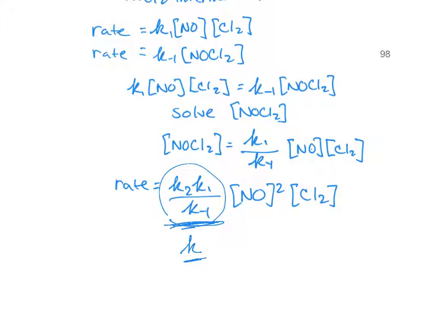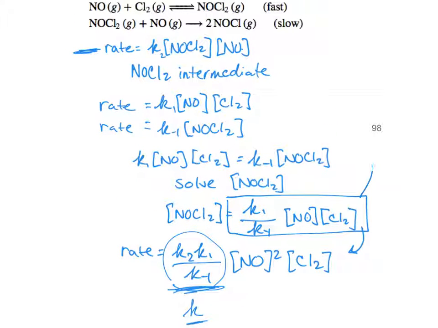What else? Yes? Can you explain how you get from the K1 over K minus 1 with NO to the power of 1 to the next line where it's K2 multiplied by that? Okay, yeah, I took this and I plugged that in here.